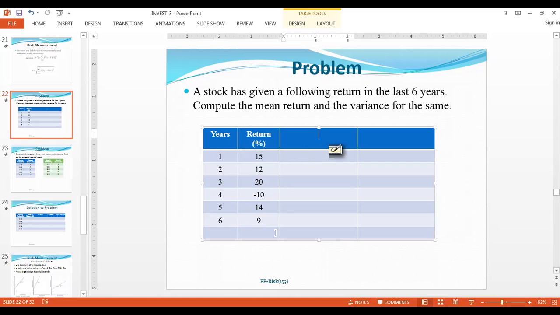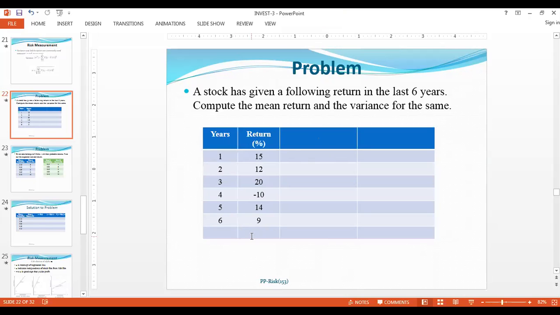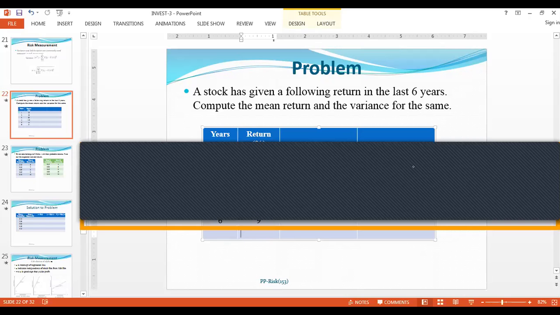The task is we have to find out the mean return and the deviation in this particular problem. So how do you find the mean? How do you understand the mean? You just add all these values divided by the number of observations. Can you do that?